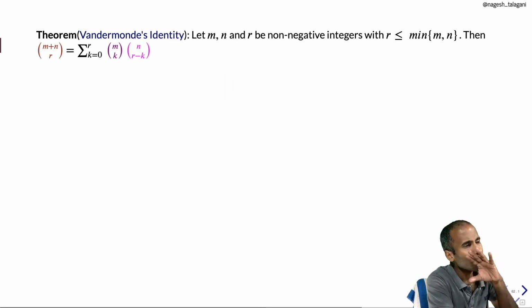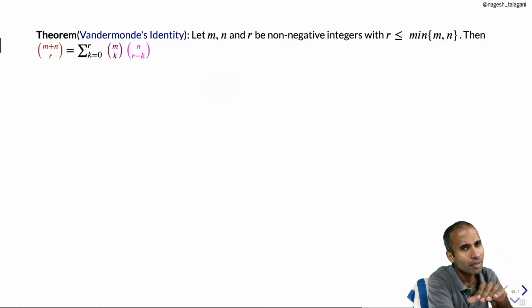Now let's classify these groups into r plus 1 types, where type k is going to have k boys, so r minus k girls. Here k varies from 0 to r. For example, type 0 consists of 0 boys and r girls. Type 1 consists of 1 boy and r minus 1 girls. Type 2 consists of 2 boys and r minus 2 girls, and so on.